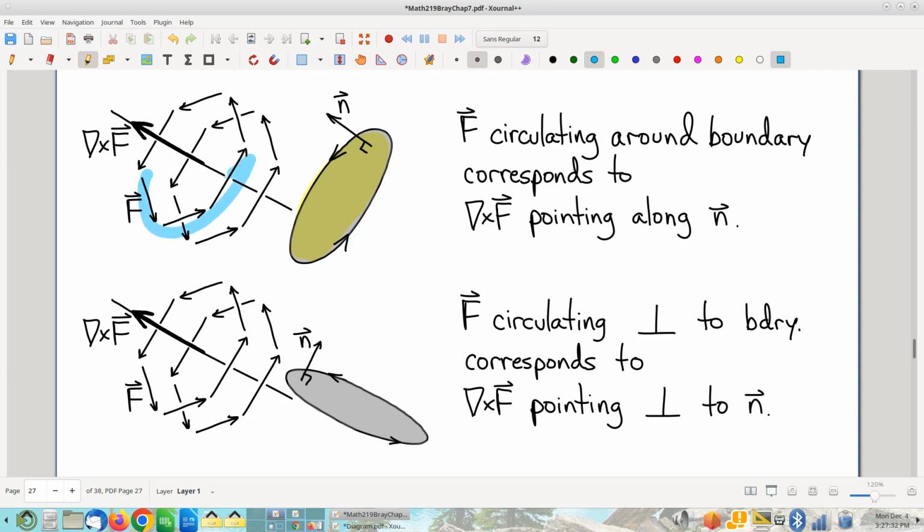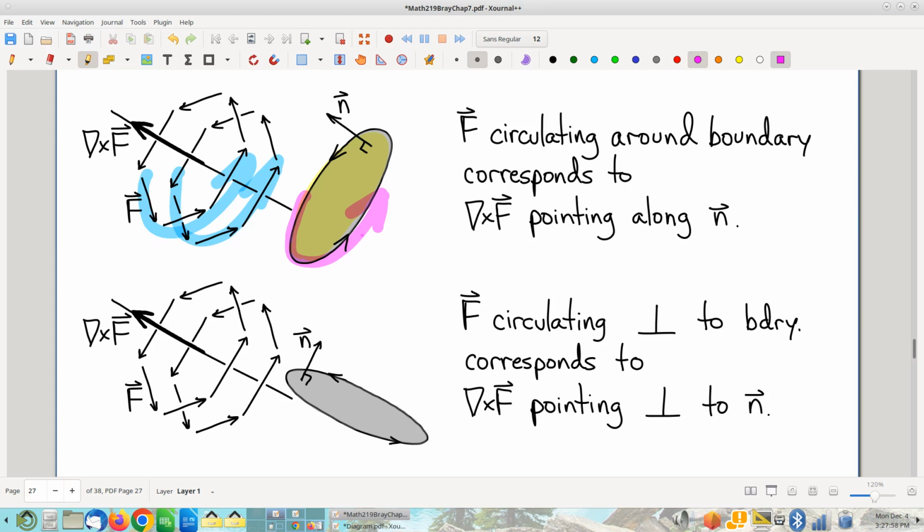The rotation of the fluid is just going right along with the boundary. As we cruise along the boundary here, the fluid is going the same way we are. As we make the turn and come up this way, the fluid is going along with the boundary as well. So you would expect there to be a lot of circulation.